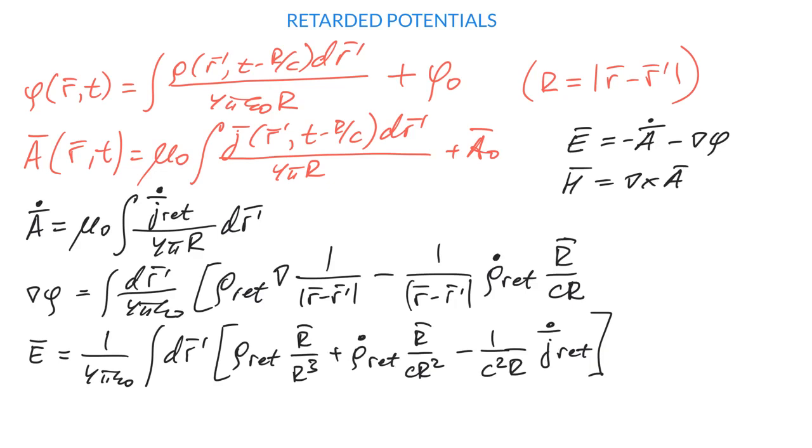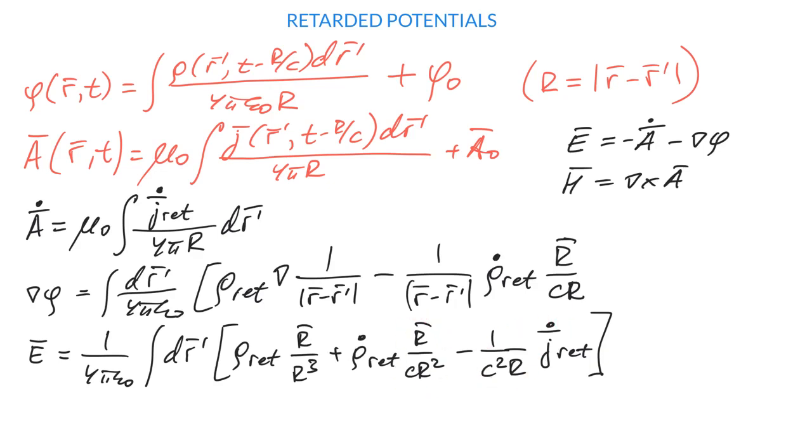And notice that the static term and the dynamic terms decay at different rates with respect to the distance from the origin. So let's say we have charges and currents concentrated in some bounded region in space. Then the first term, as we go far away from that region, goes as 1 over r squared. That's the typical field of a static charge. But the dynamic terms go as 1 over r.